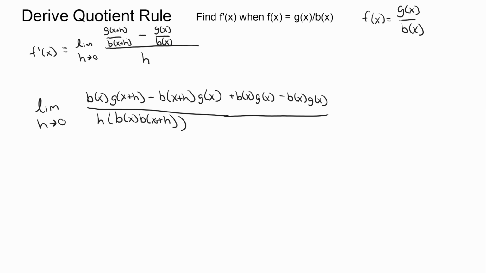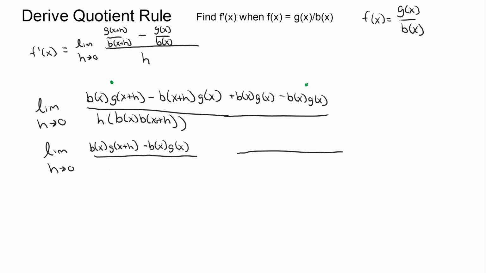Now, what we can do is separate this limit into two separate fractions. So if we take the limit as h goes to 0, let's separate it into one fraction and then another fraction. For this first fraction, we're going to take these two indicated green dot functions: h of x times g of x plus h, minus h of x times g of x, divided by the denominator.